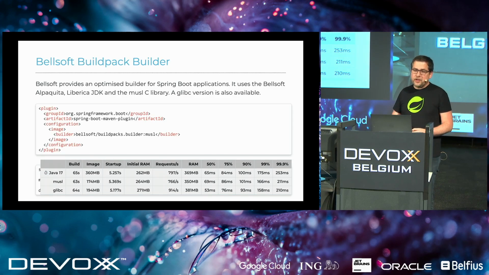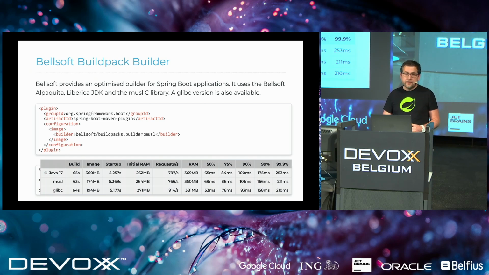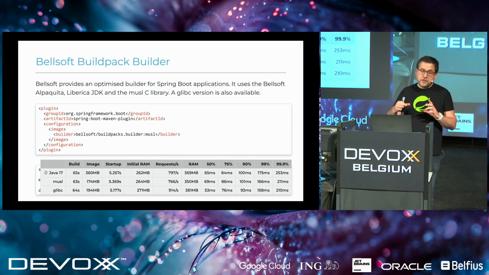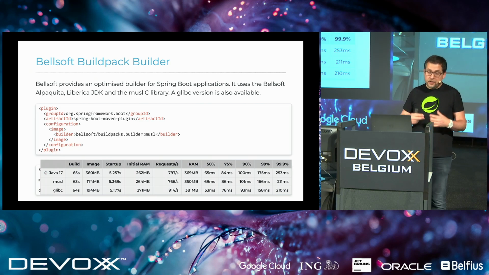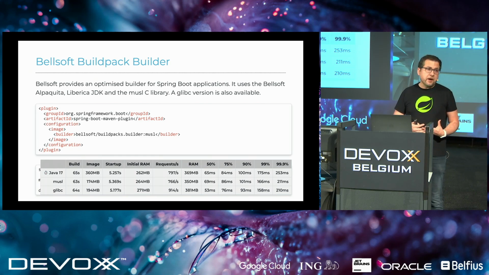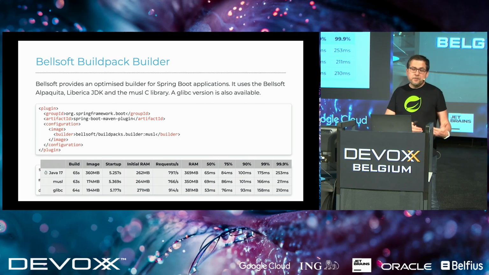We can talk about different builders. Bellsoft, for example, has a builder which uses a different base image for the application to run. They use something called Alpaquita, which is an Alpine Linux, instead of using Ubuntu underneath, which is Ubuntu Jammy, the regular one. You can switch and say, I'm going to use an Alpine Linux with my buildpack, and I'm using the builder from Bellsoft.